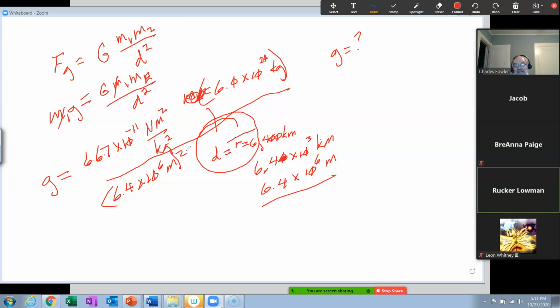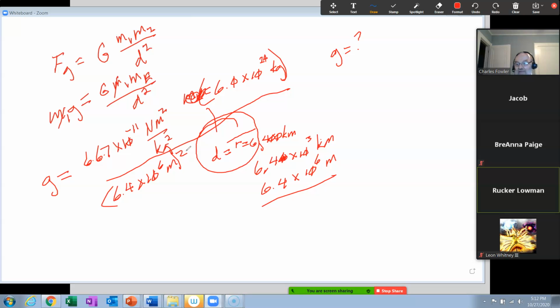Now there's time for the calculator. So I'm going to go back to my calculator mode, press on the calculator, turn it sideways to get it in scientific notation, and we're going to start with the 6.67 times 10 to the minus 11th.